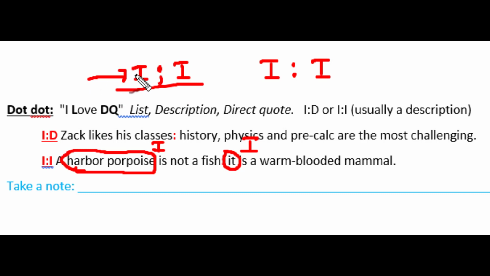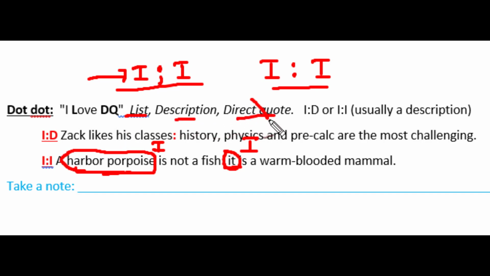I like red. Zach likes blue. Red and blue are two closely related things, but they're not the same thing. Here in this case, you see that we have a harbor porpoise and we have it, which is the exact same thing. Now, if we come back to the definition, we see that we have a list, a description, and a direct quote.